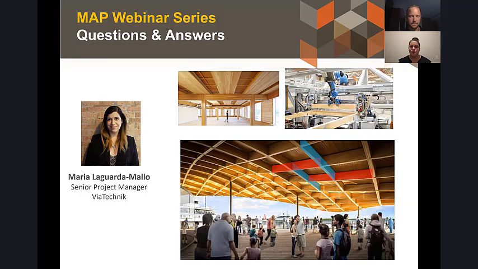We're now able to show an owner or a tenant of a building and walk them through a building before we even break ground, through the use of VR goggles and a model, right?